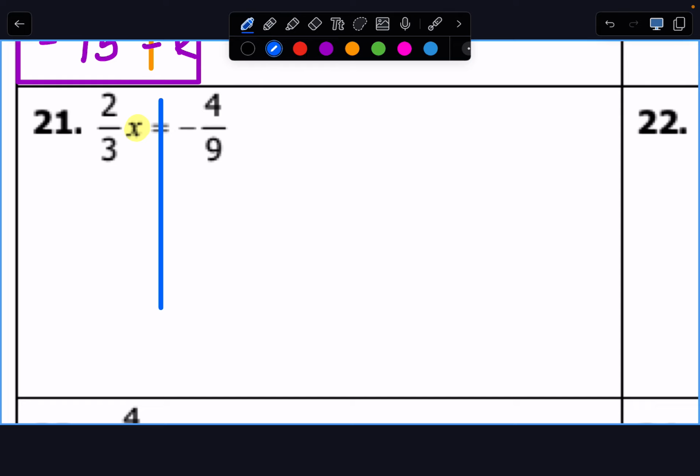So we need to undo the multiplication that the 2/3 is connected to with x, okay? But since it's a fraction, we know we need to use the reciprocal, okay? So we're going to need to multiply both sides by, what's our reciprocal that we need? 3 over 2. Very good, Kelsey.